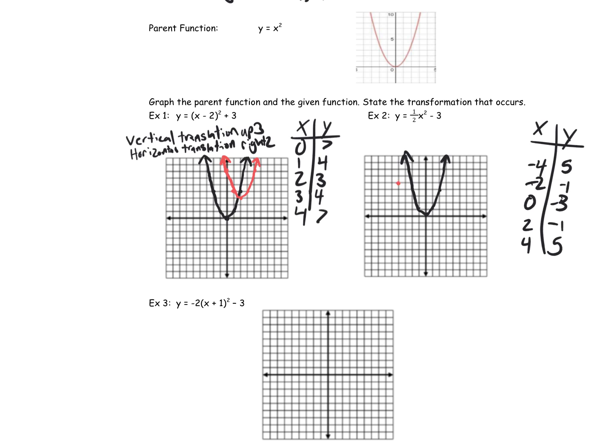And then negative 2, negative 1. 0, negative 3. 2, negative 1. I did that one backwards. And then 4, 5: 1, 2, 3, 4, and up 5.